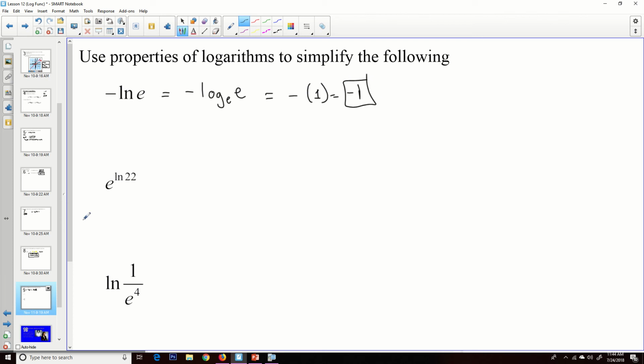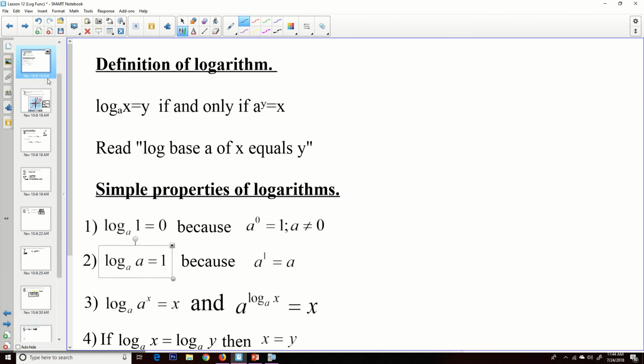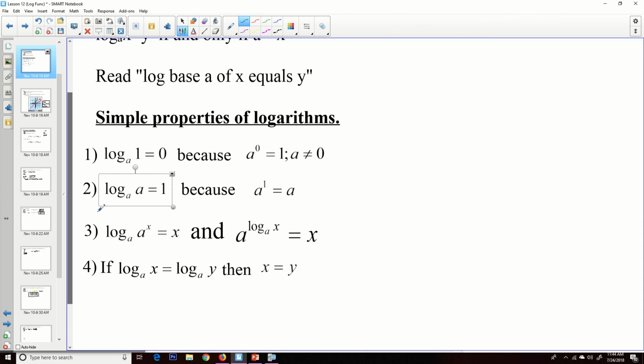So we're done there. All right, so e to the ln of 22. Again, we go back to our properties list, and I see that if I have a raised to the log base a of x, it's just x again. In this particular instance, since we have an ln, it's e and log base e.